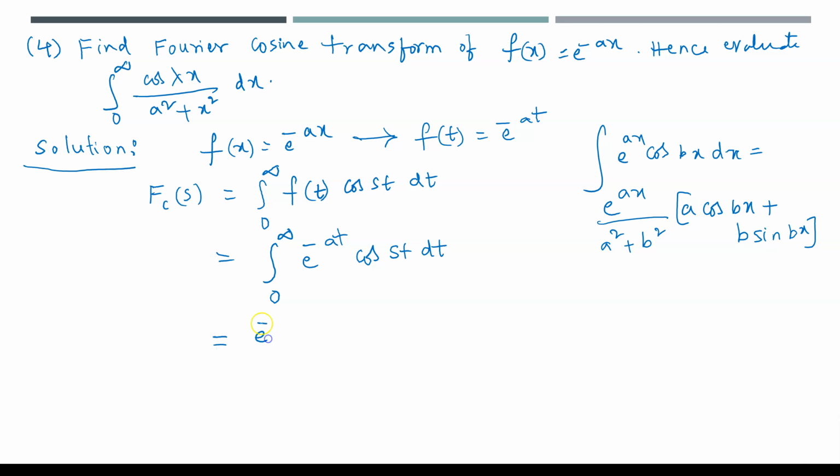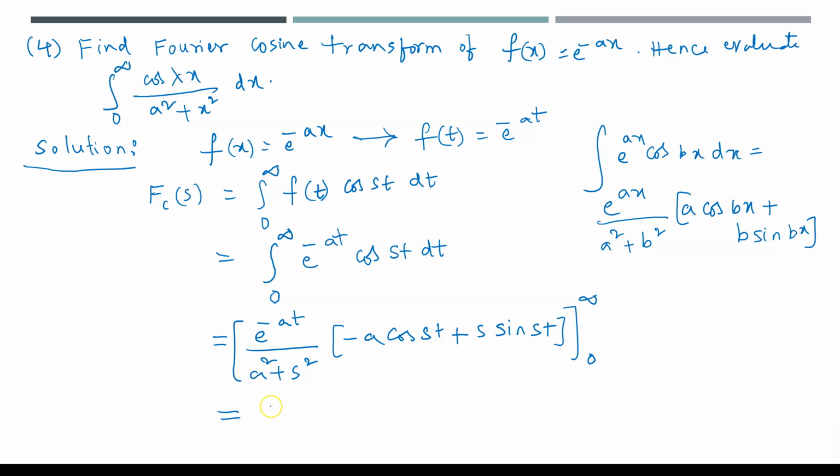Now this gives e power minus at upon a square plus s square, times minus a cos st plus s sin st, under the limits 0 to infinity. When you apply the upper limit, e power minus infinity is 0, so we get 0. When you apply the lower limit, this becomes e power 0 by a square plus s square times minus a cos 0 plus s sin 0.